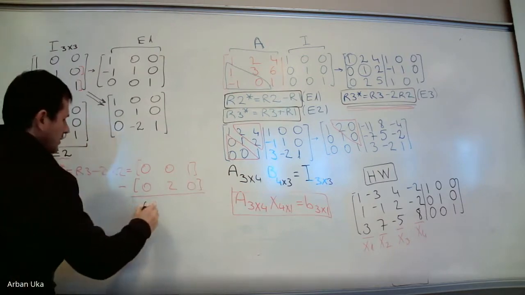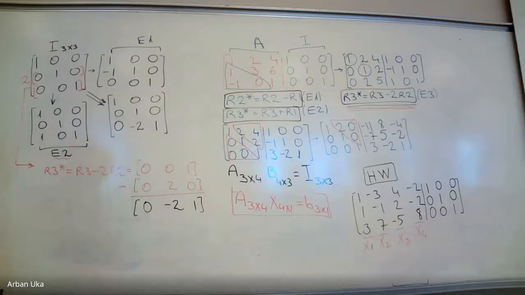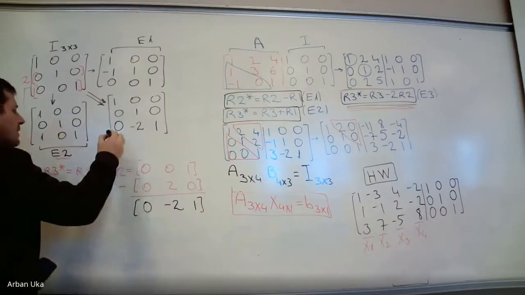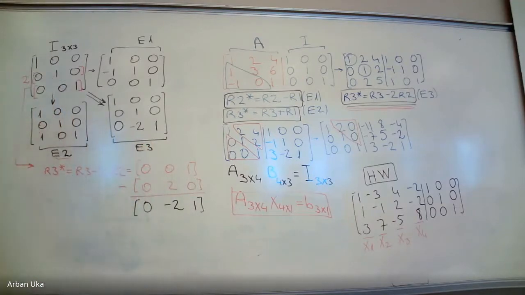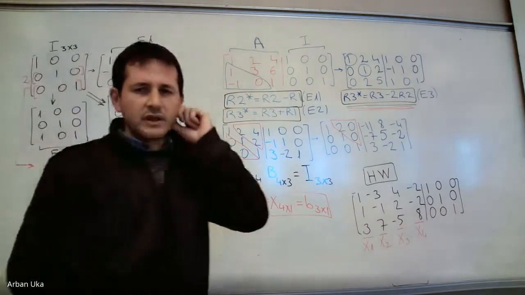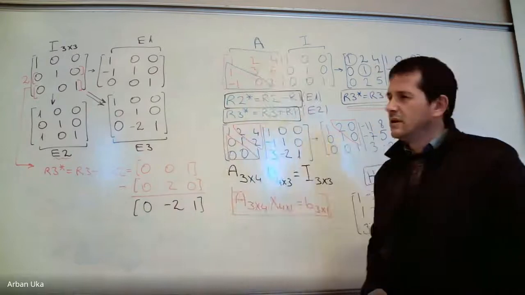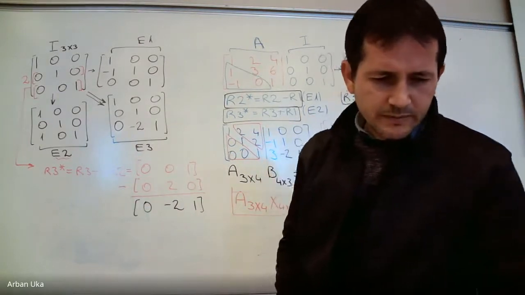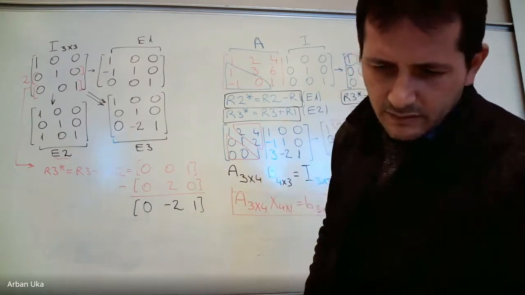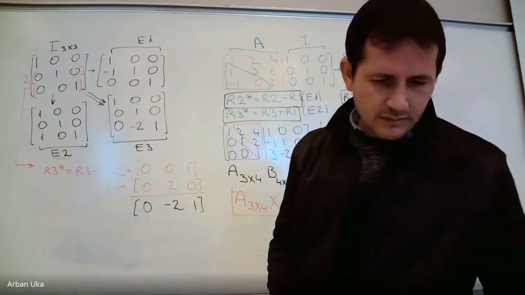Yes or no? Yes, it's clear, but my internet connection is very bad at the moment. Okay, don't worry. So it looks like this is our E3. So this is how we can derive all the possible elementary matrices E1, E2, E3, E4, E5 up to E6. So we are good here. Any further question? No, it's clear. Okay, thanks.